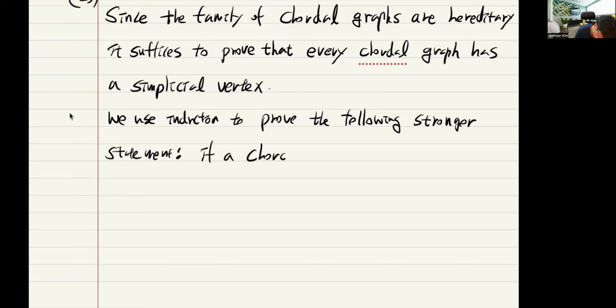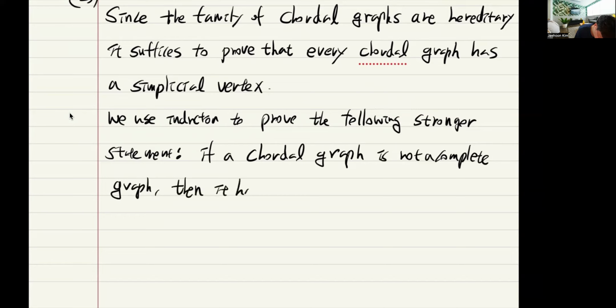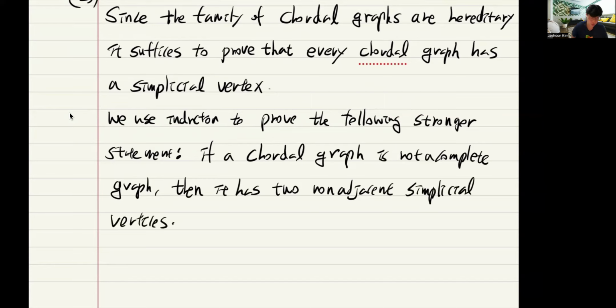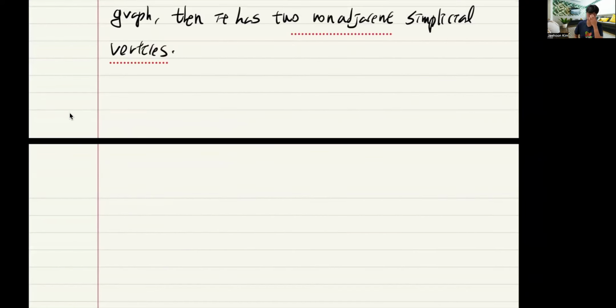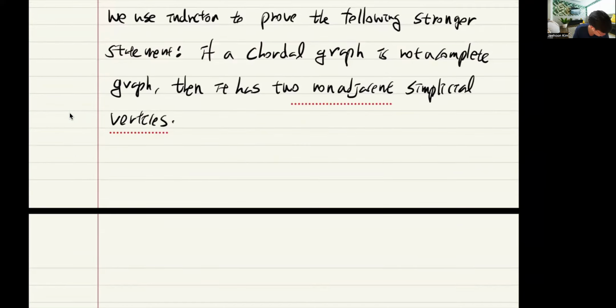If a chordal graph is not a complete graph, then it has two non-adjacent simplicial vertices. So we will prove that it not only has one simplicial vertex, it has two non-adjacent ones, as long as the chordal graph is not a complete graph.